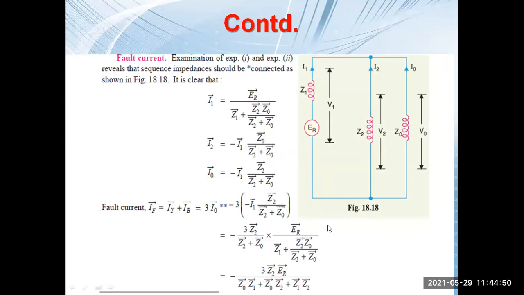That we are going to calculate. What is the value of I1, I2, and I0? Now we'll go to the board.